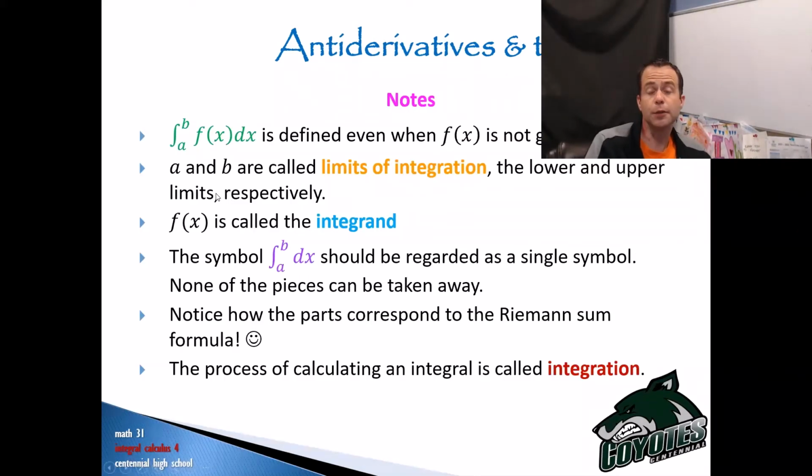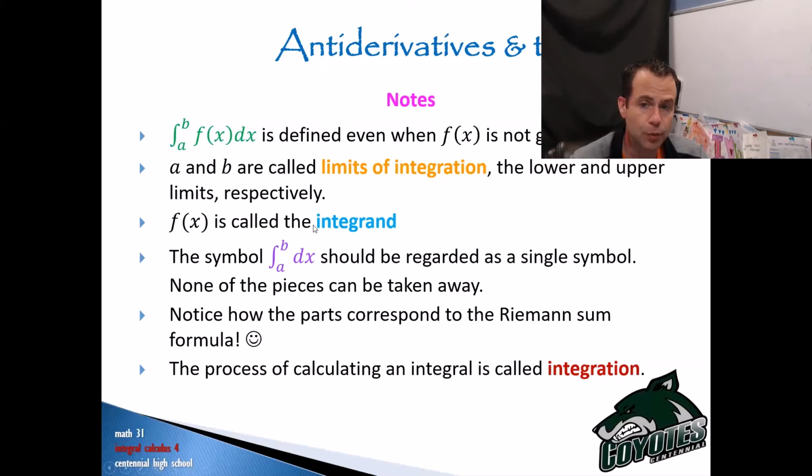So a few notes. The integral of f of x from the interval a to b is defined even when f of x is not greater than 0. We're actually going to talk about that in just a few examples. A and b are called the limits of integration, the lower and the upper limits respectively. F of x is called the integrand.